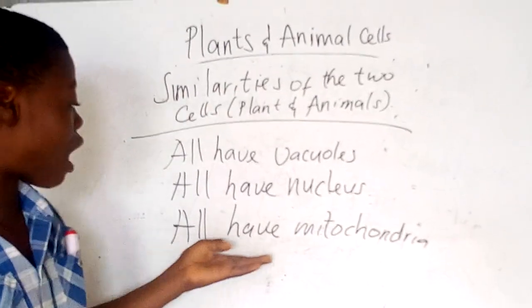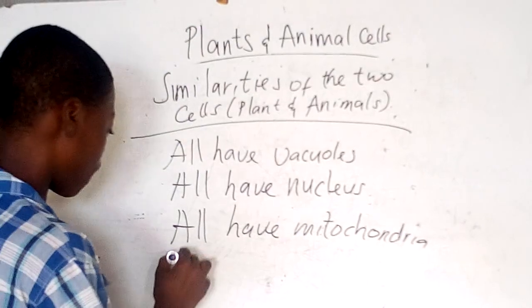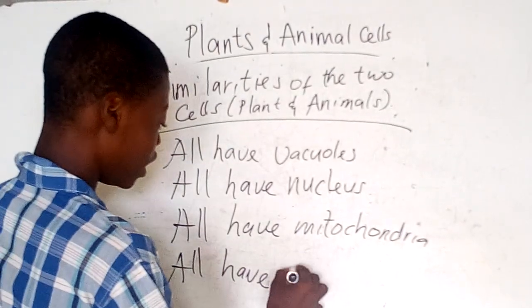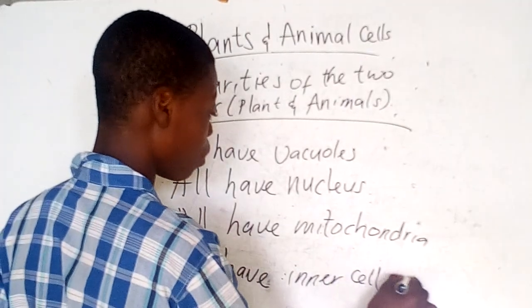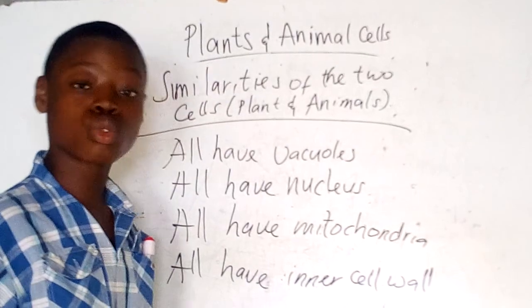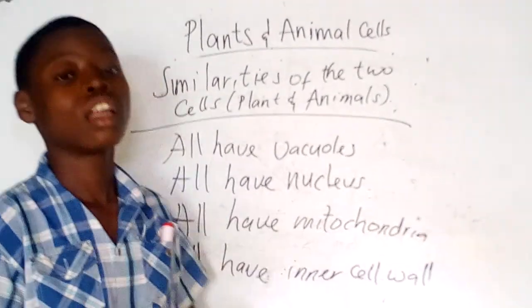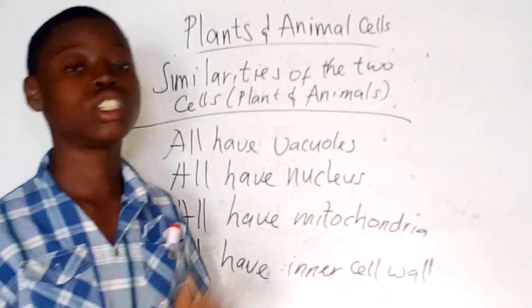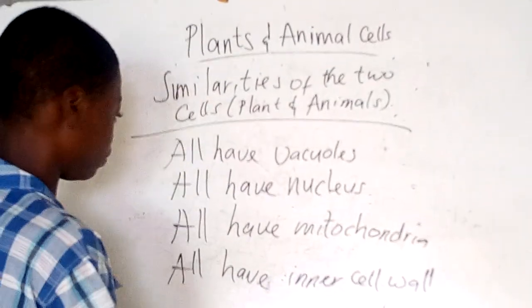So you can see they all have mitochondrion too. Okay, they all have inner cell walls. The two cells have inner cell wall, whether the nucleus that have the inner cell wall or the vacuole, they all have inner cell walls.